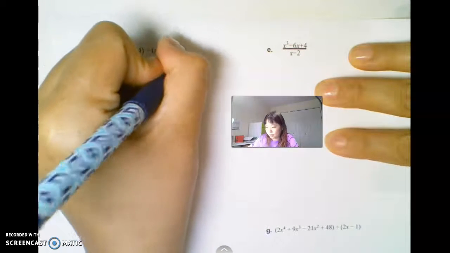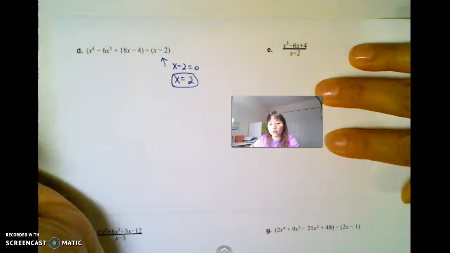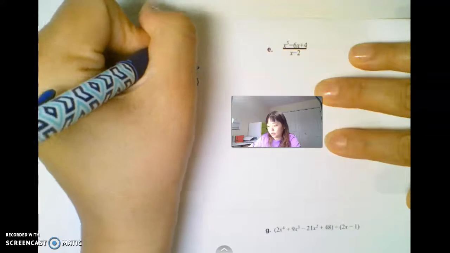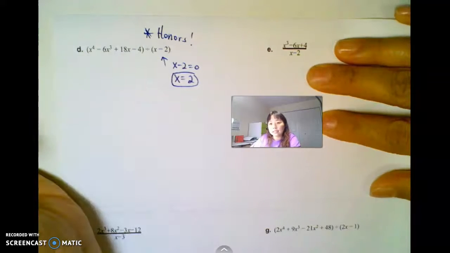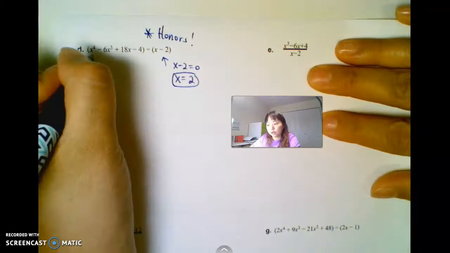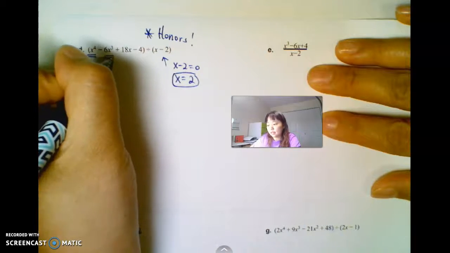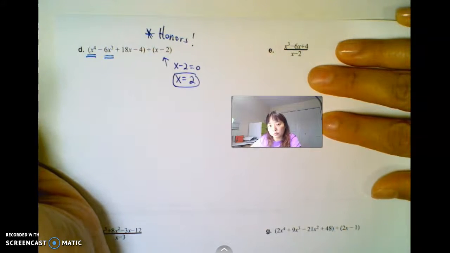Okay, x minus 2 is 0, so yes, we're dividing by x equals 2, but honors class, watch out for this. You cannot skip a term. Like, look, x to the fourth, right? And what's one less than that? X cubed. So what's one less than x cubed?